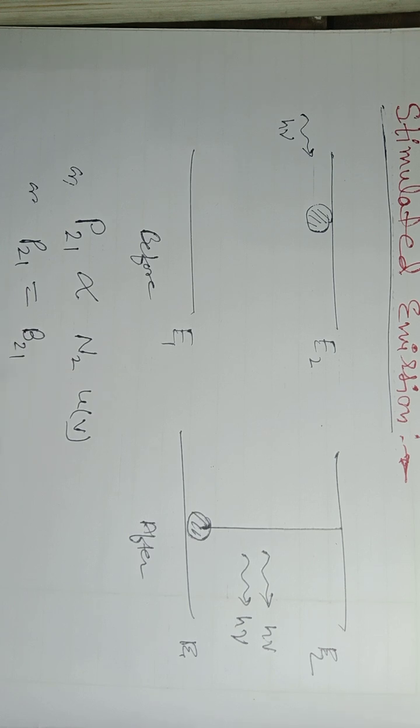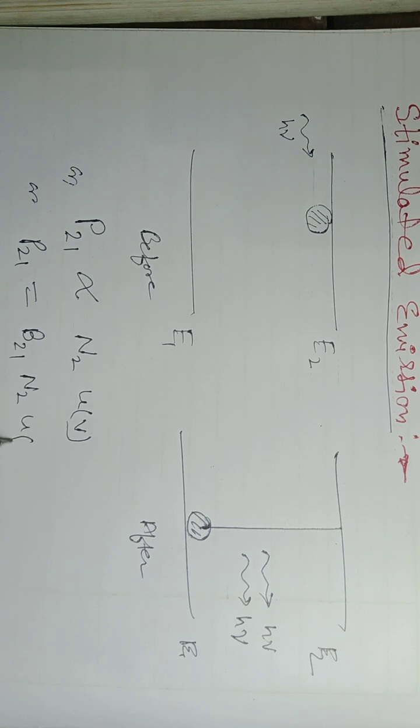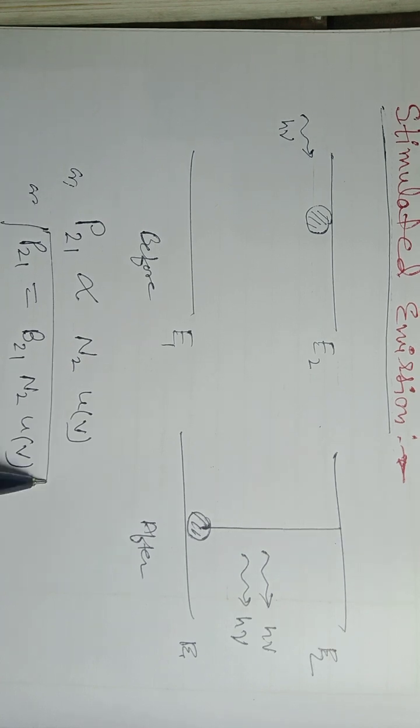This B21 is the Einstein's coefficient of stimulated emission of radiation. U nu is the energy density of the stimulated radiation and N2 is the number of atoms present in the higher energy state. So this is the formula of stimulated emission of radiation.